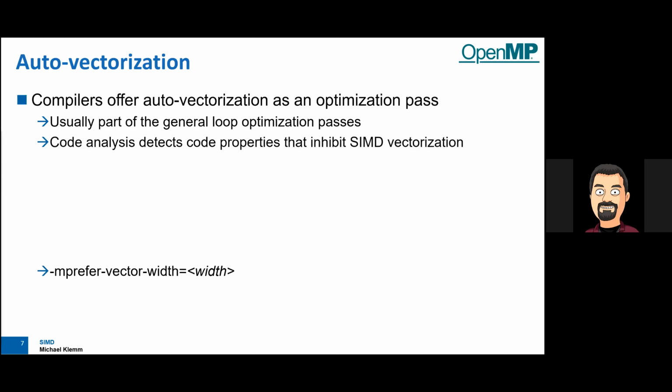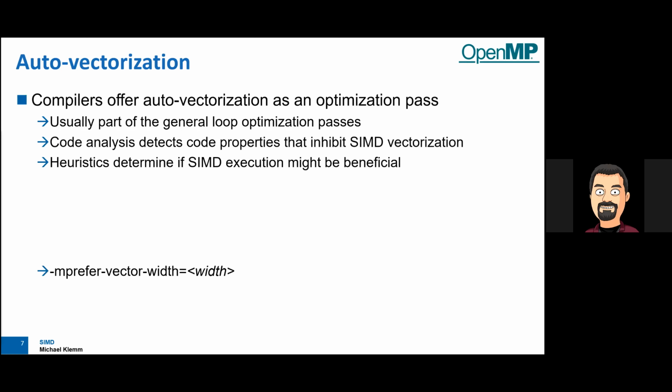The compiler has some code analysis that detects code properties that would inhibit SIMD vectorization. You could think of this as the compiler staring hard at your code to look at the data access behavior. Is there anything that, when I emit those instructions I was just showing, would break the code and make it incorrect?